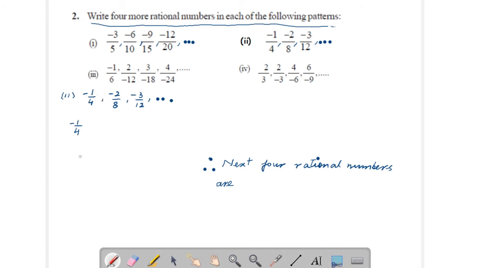So let us multiply minus 1 upon 4 by 4 both in numerator and denominator. We will get minus 4 upon 16. Again minus 1 upon 4, multiply numerator and denominator by 5, we will get minus 5 upon 20.